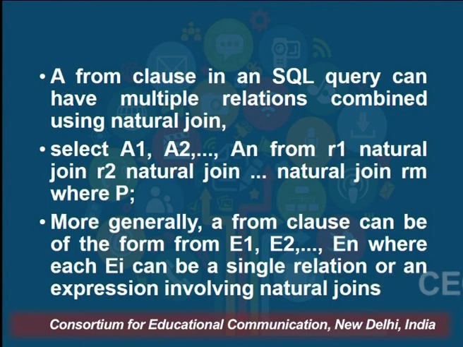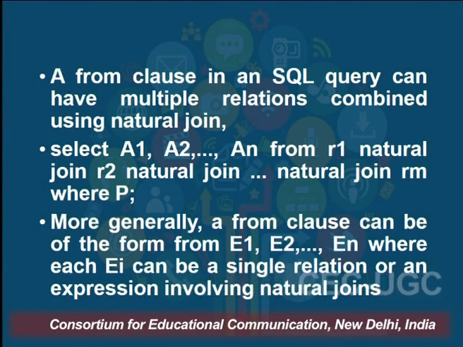So the query says select A1, A2, whatever attributes you need, to An, from R1 natural join R2 natural join R3 till natural join Rm, where P is a predicate.